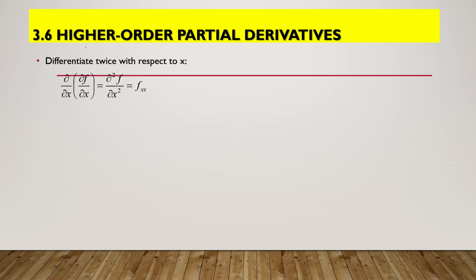For example, this is the second partial derivative del 2f del x2, or in subscript notation fxx. If we have fyy, fyy is del 2f del y2, or del del y of del f del y.